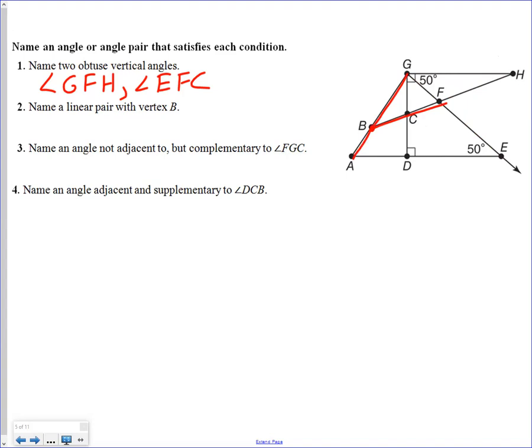So we need to make a line through B. The only way we can do that is with A and G. So our linear pair would be angle GBC, and you can use CF or H, and angle CBA. Right, so two angles on the same line together, and they are adjacent here.